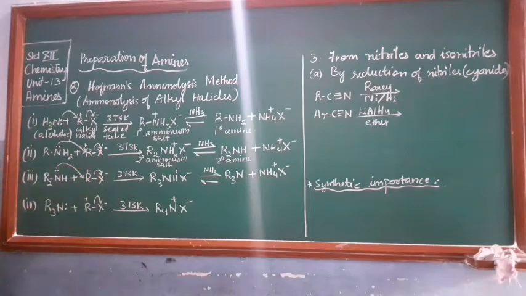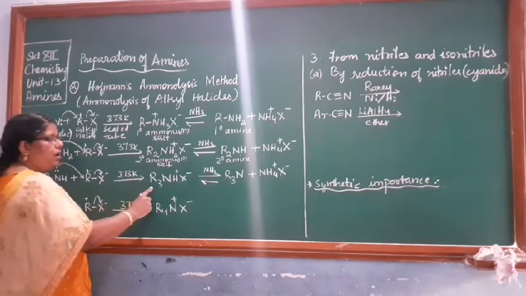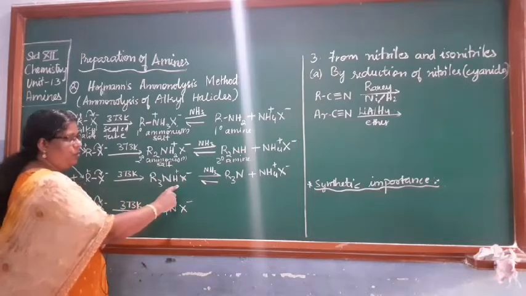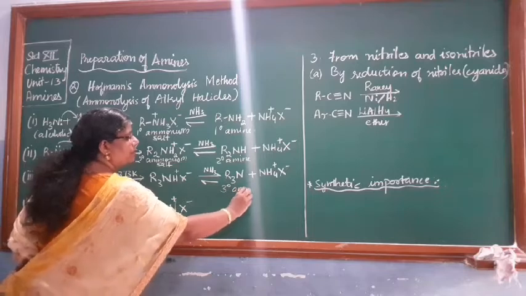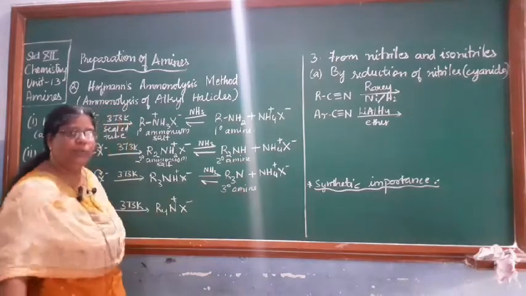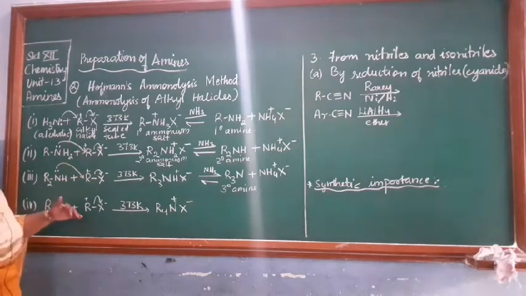This secondary amine again undergoes reaction with alkyl halide to give you the tertiary ammonium salt first, and then the tertiary amine, along with the ammonium salt. So this is how the reaction goes one after the other.